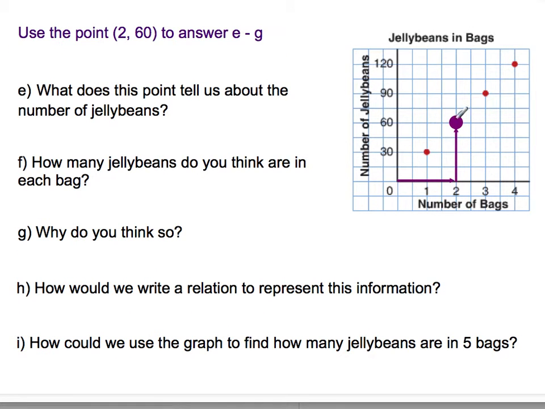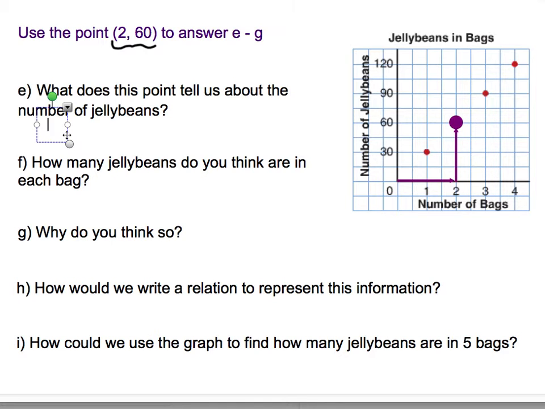So what we're going to do is use this purple dot, or this data point, and we're going to call that point (2, 60). So that means that we went 2 over and 60 up. And we're going to use that point in order to answer the rest of the questions. It says, what does this point tell us about the number of jelly beans?